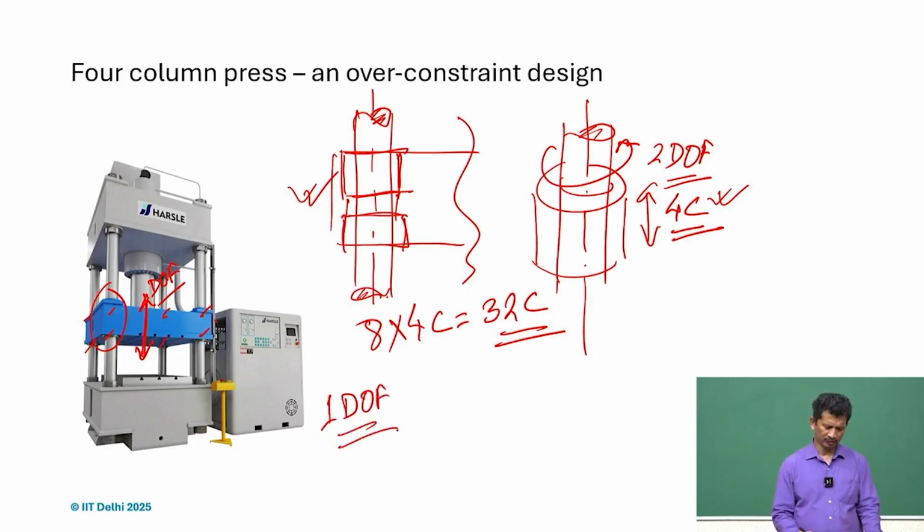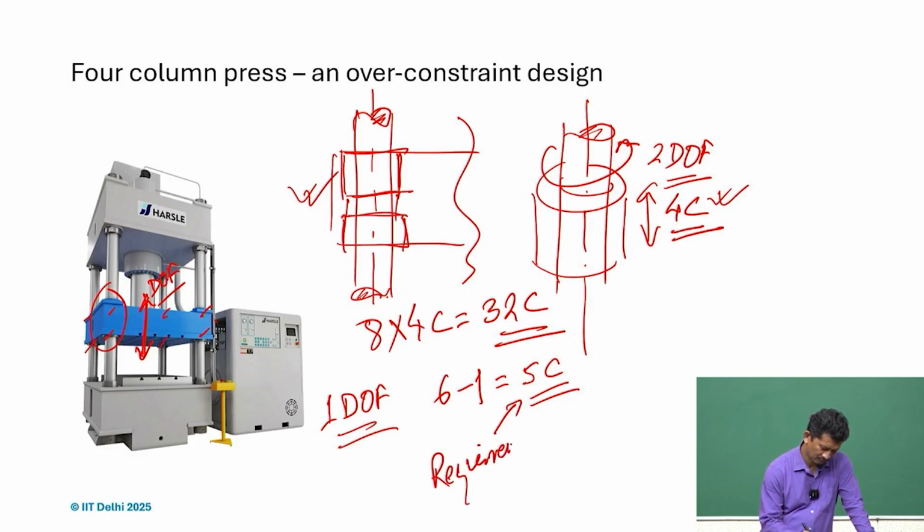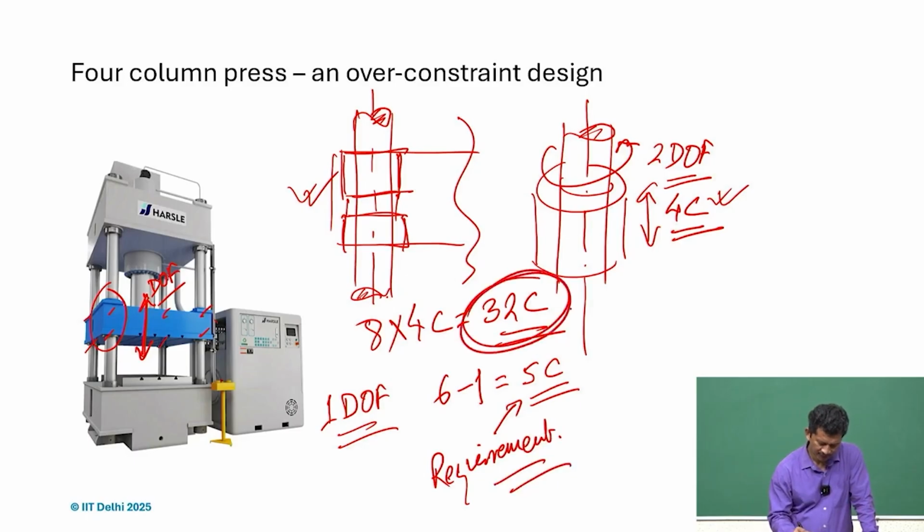For any rigid body, total 6 minus 1, so only 5 constraints are required. This is the requirement. Only 5 constraints. What we are providing is 32 constraints.